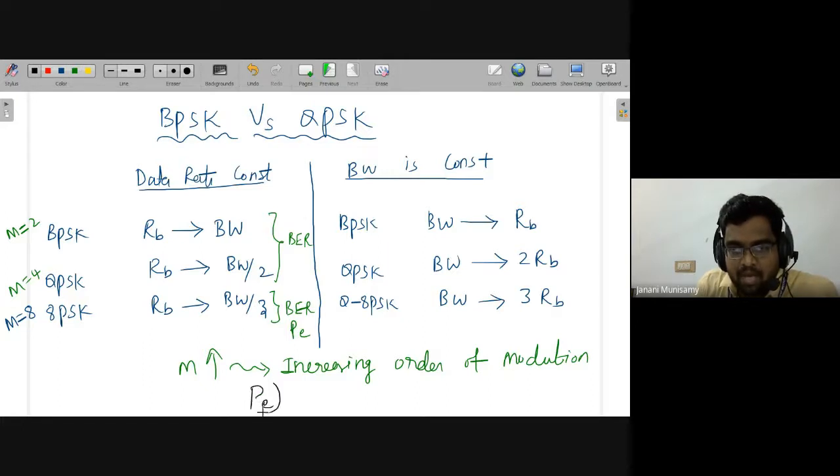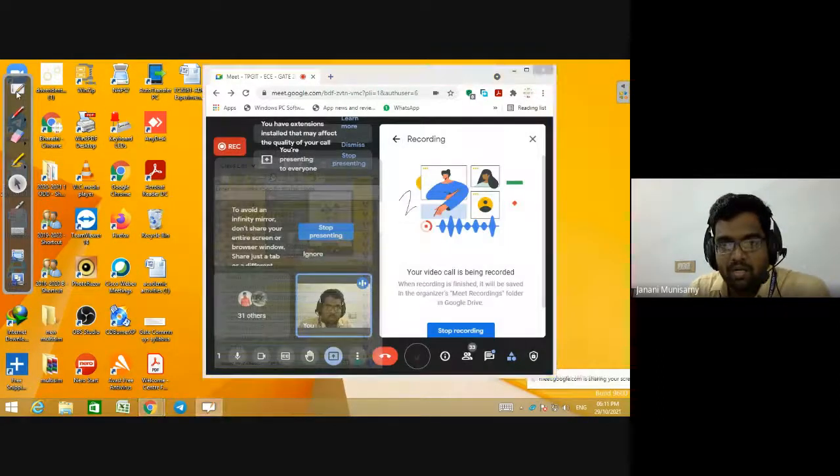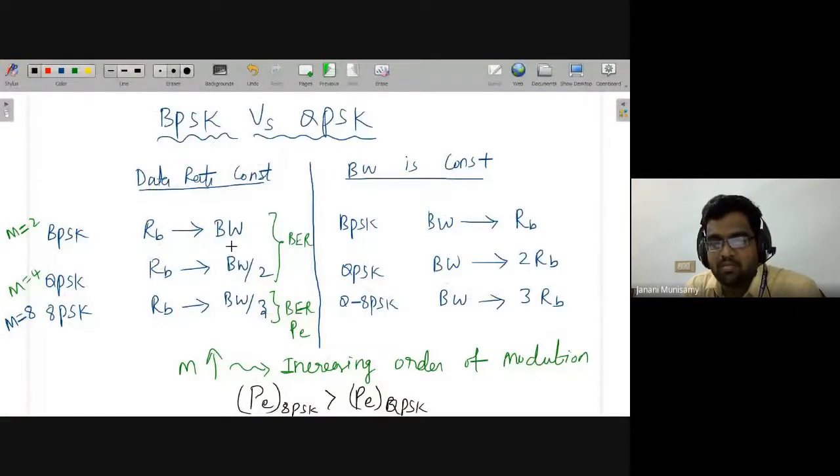The probability of error of 8 PSK is greater than that of QPSK. So once I go for higher order modulation, I may be getting advantage in terms of bandwidth or bit rate, but the other problem is that the probability of error is increasing. But at any point of time, probability of error has to be within some level, or otherwise we cannot send useful information over a channel. Whatever information we are sending may be in error at the receiver side.